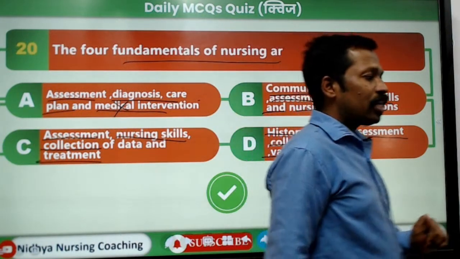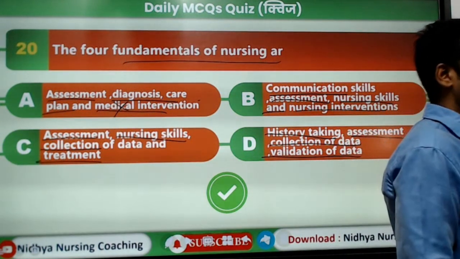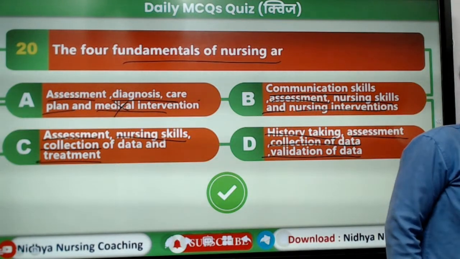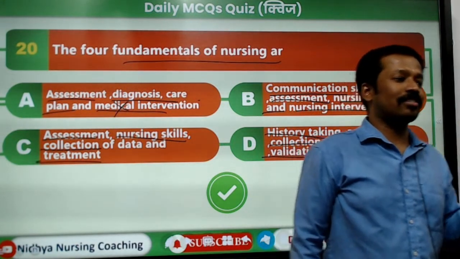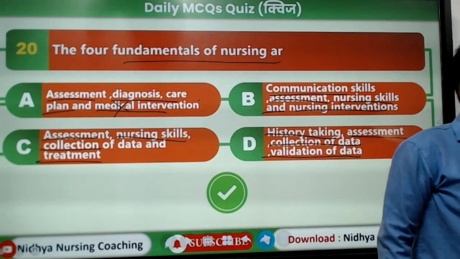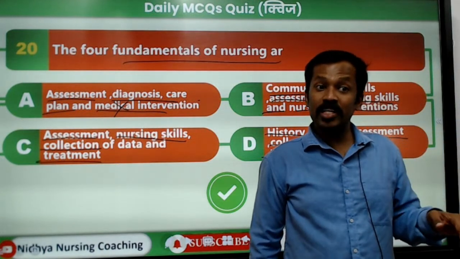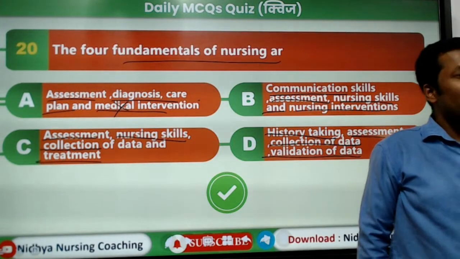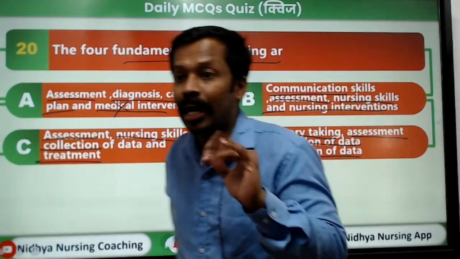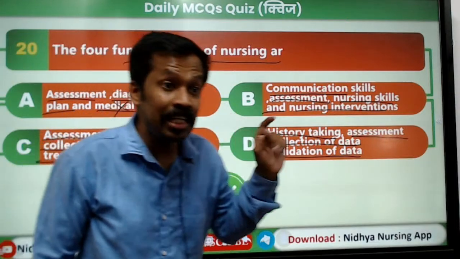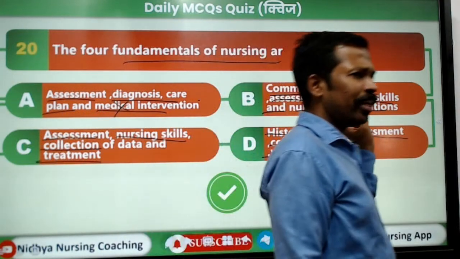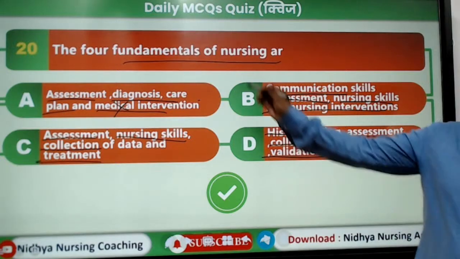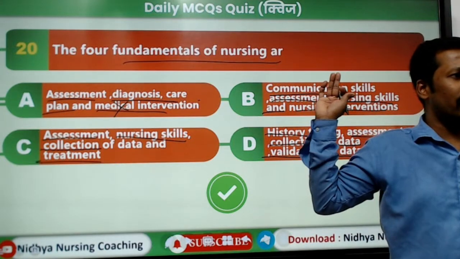Among the four fundamentals of nursing, is there any communication? It is a skill of a nurse, especially a community nurse, but all nurses should have communication skill. But is it there in the four fundamentals of nursing care?